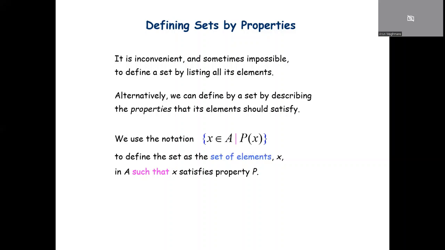So these are the built-in notations. What does this definition mean? It defines the set of elements x in A such that x satisfies the property P.